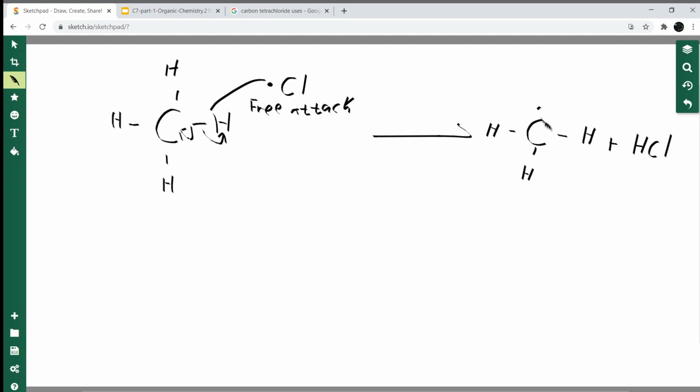Okay. This molecule with this unpaired electron is now going to go ahead and be able to attack a Cl. This will also undergo a homolytic fusion.